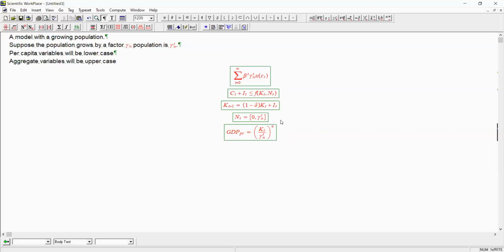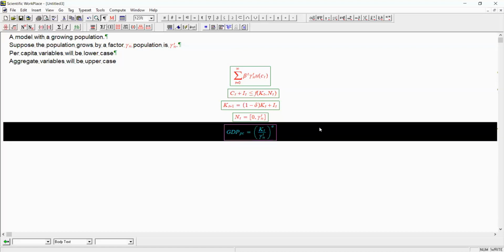So what do we end up with? We end up with the idea that there must be, for some reason or another, over time, a sustained improvement in the efficiency of capital and labor.